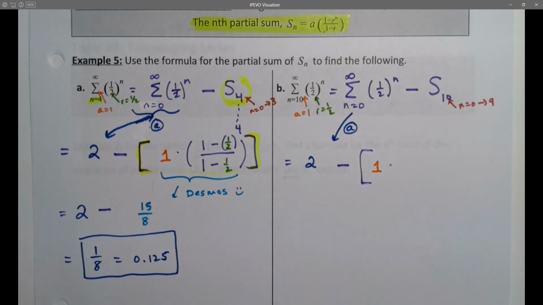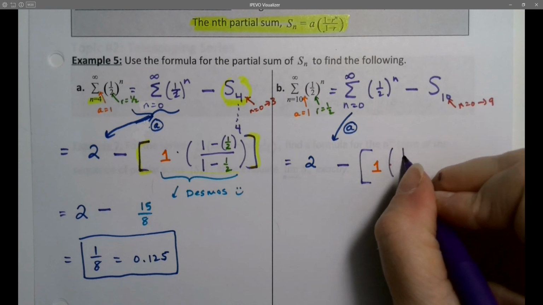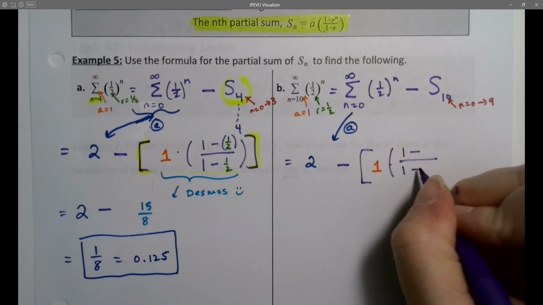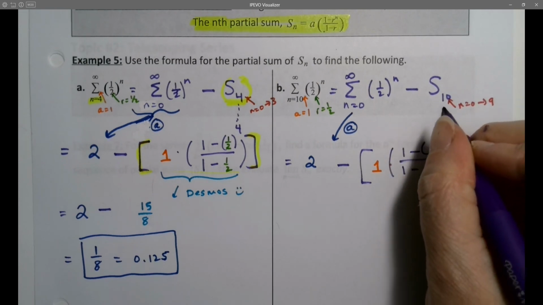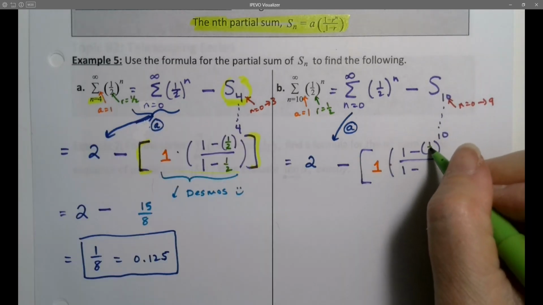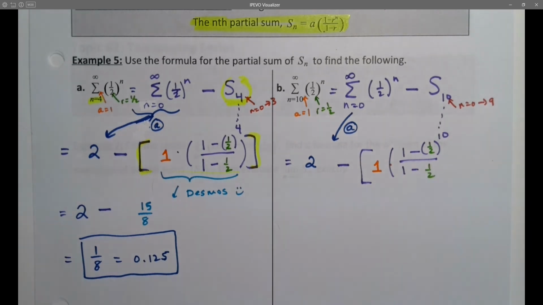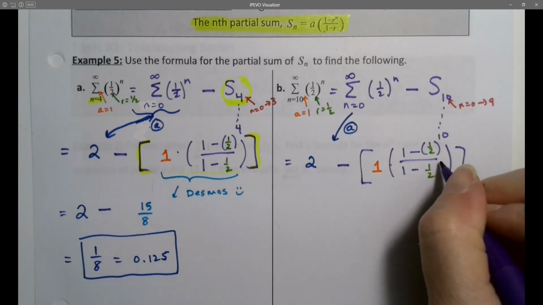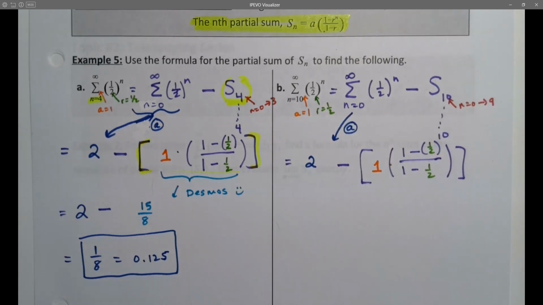Right, so it's 1 times 1 minus 1/2 over 1 minus 1/2, but this one's going to be to the 10 power, right? And we are totally going to have Desmos do that for us. We are not going to type that.